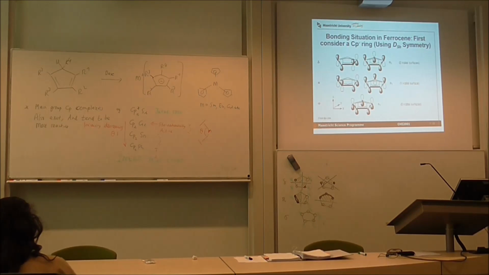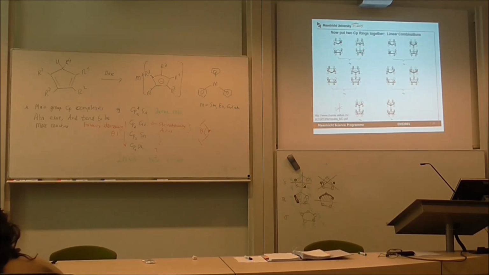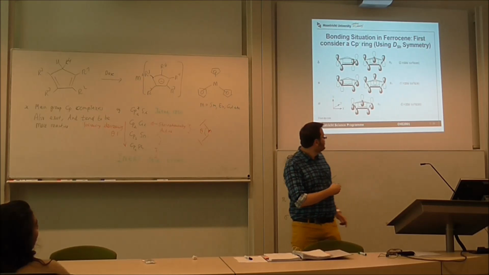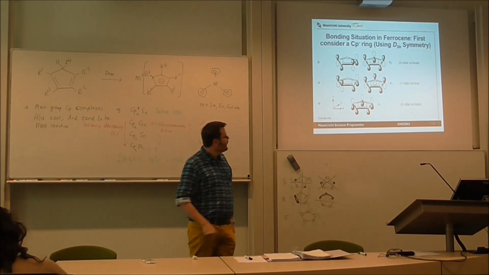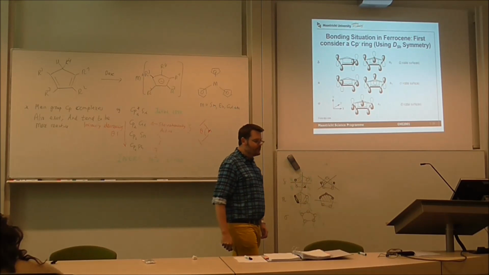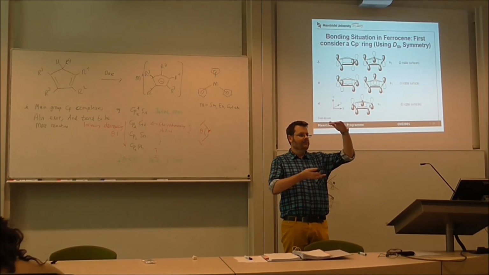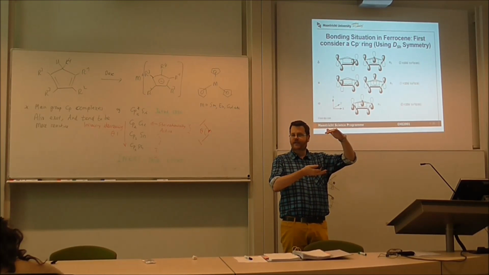So what am I doing? I'm taking these 5 molecular orbitals here and I'm combining them with each other. Now let's look at the first orbital here, this one. How can I combine 2 of those together? I can combine 2 of them both pointing in the same direction, the phases.